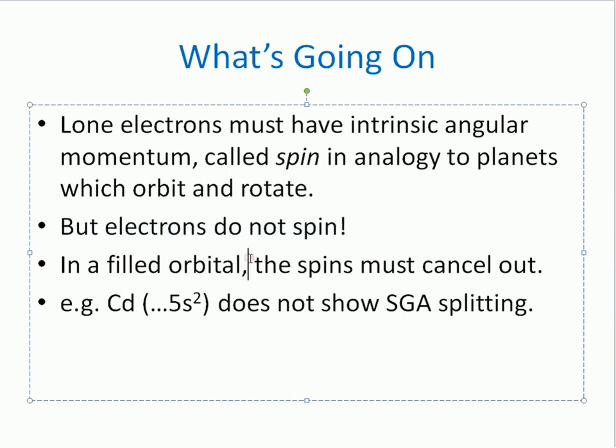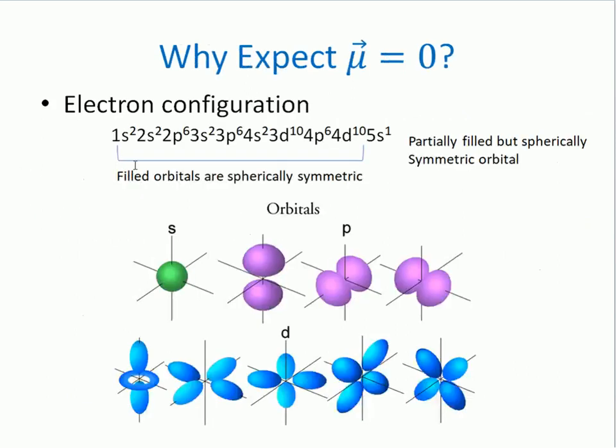Okay, so if all the electrons up here have spin, why is there not a lot more? Because I've got all these electrons. Well, the way the electrons pair up in these orbitals is one spin up, one spin down, and they cancel out.